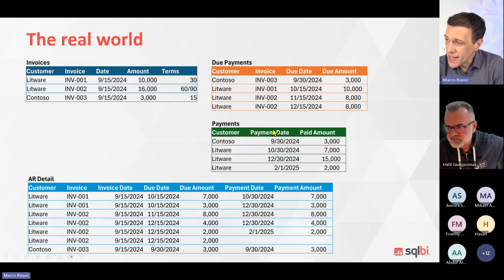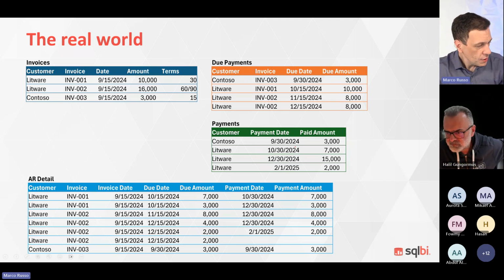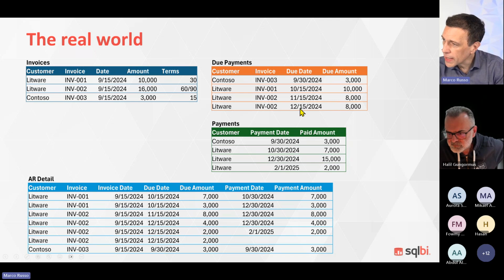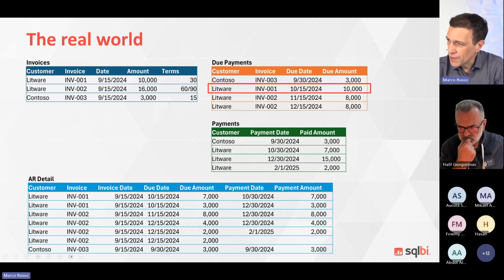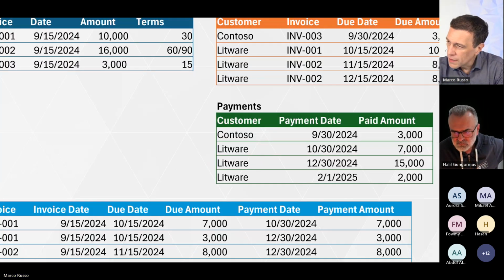This is another case that I have illustrated here. So we have 10,000 from the invoice. Sorry, not this one. The payment is 15,000. This one.